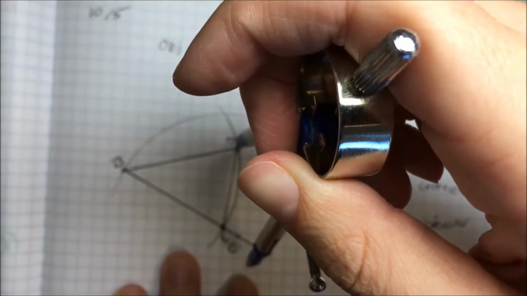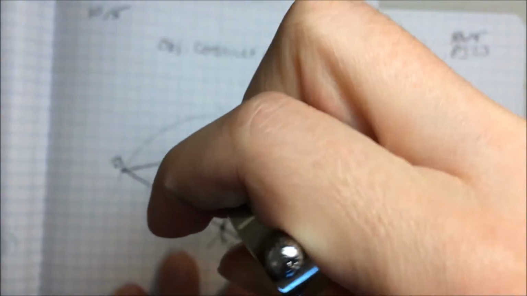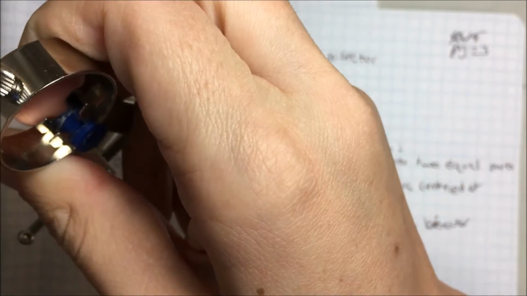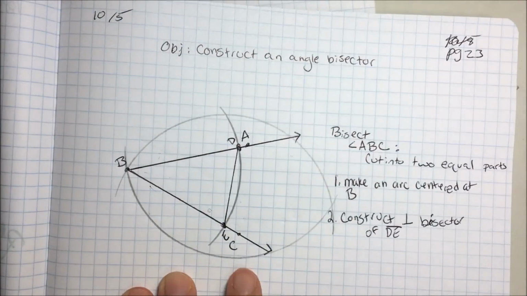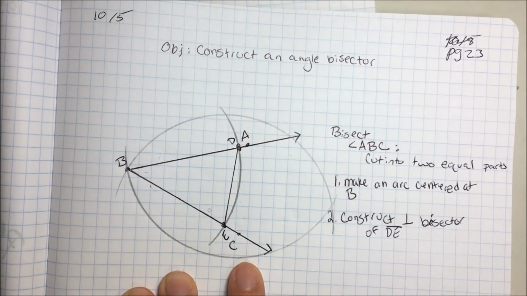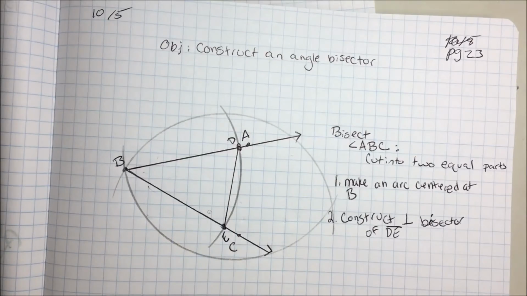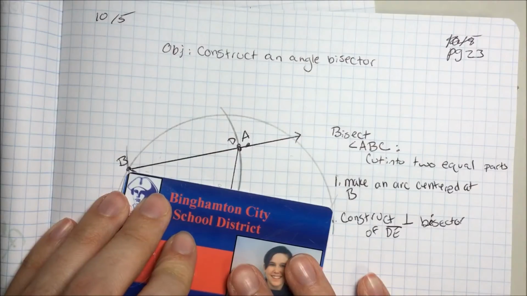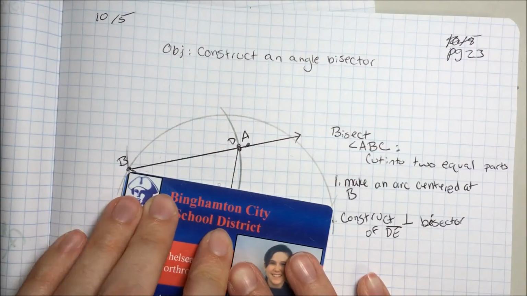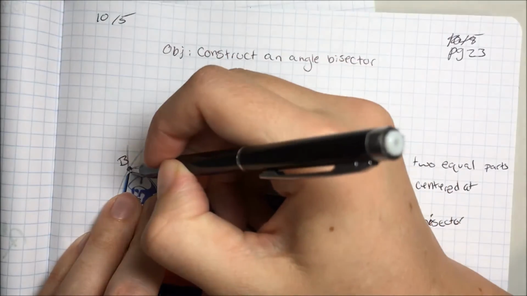And an arc centered at D. And then I will connect where the 2 arcs intersect.